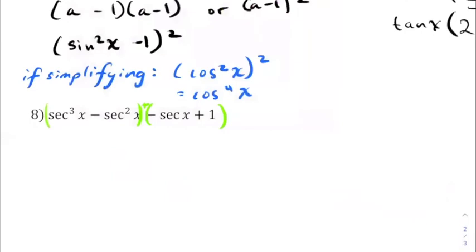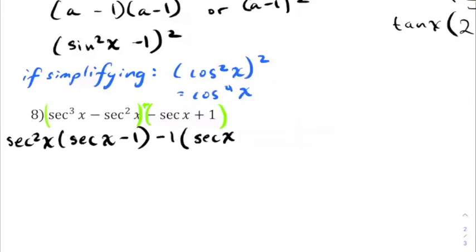We have secant squared x that I can factor out of the first 2 terms, or the first grouping. That's secant x minus 1. And then from the next one, in order to make that positive secant x minus 1, because remember, we're looking for a common factor, I could factor out a -1, and we're left with positive secant x minus 1.